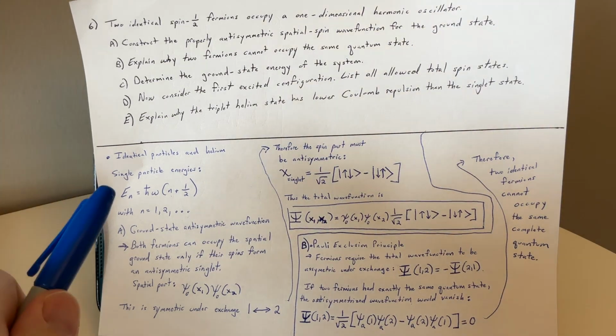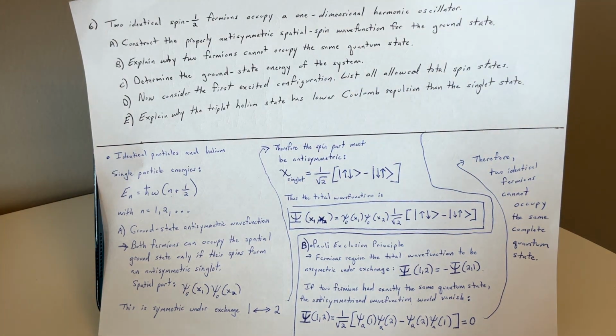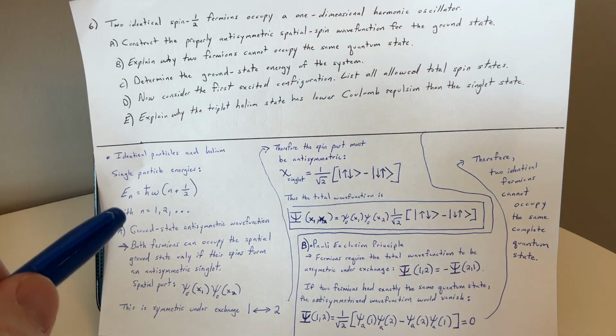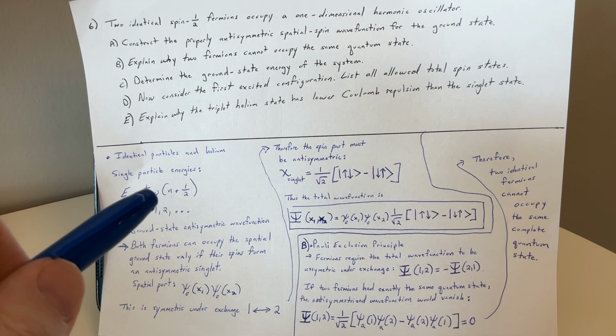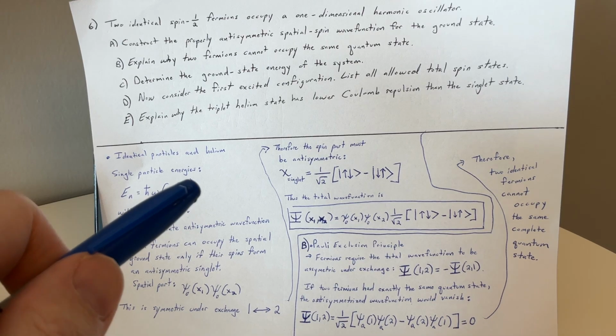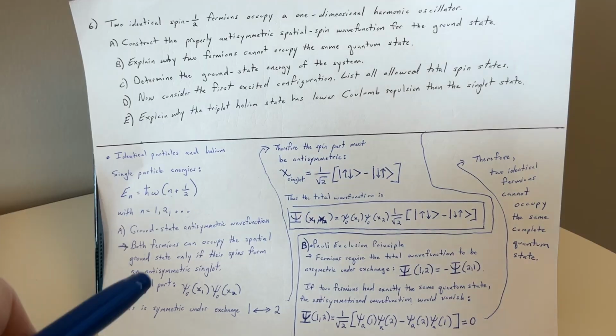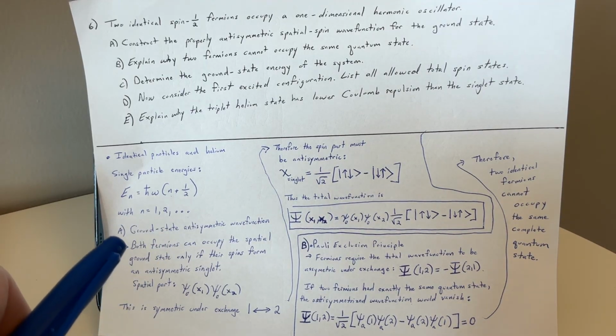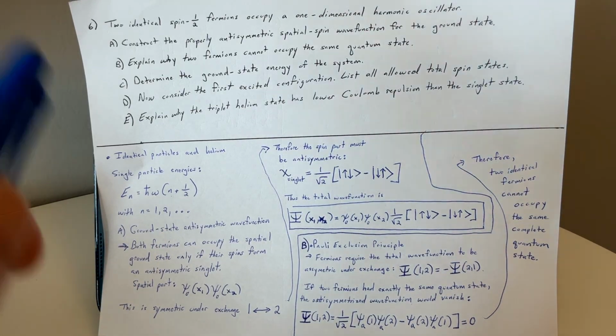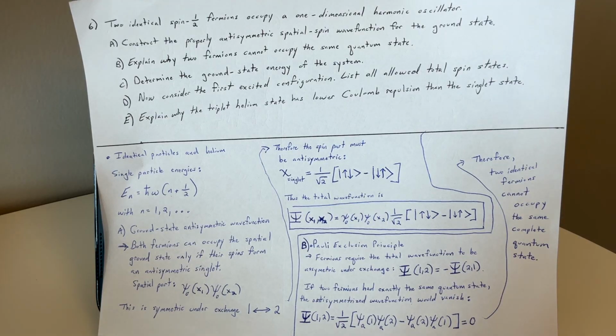Okay, so here's what we could do here. Identical particles and helium situation. Single particle energies, that's E sub n equals H bar omega times the quantity n plus 1/2, with n equals 1, 2, on and on, positive integers. A, what we could say here is the ground state antisymmetric wave function.